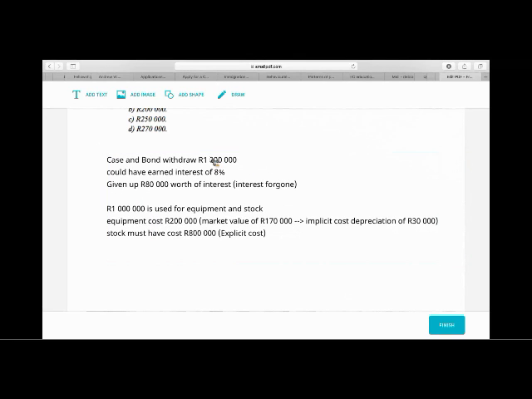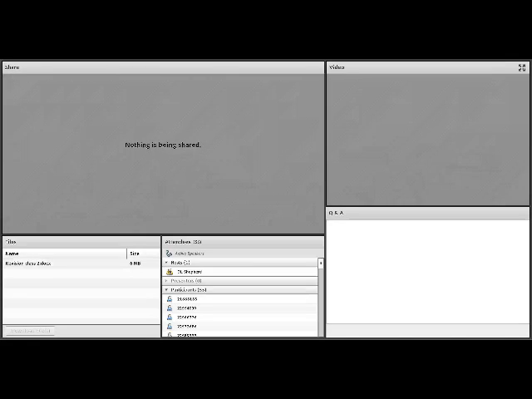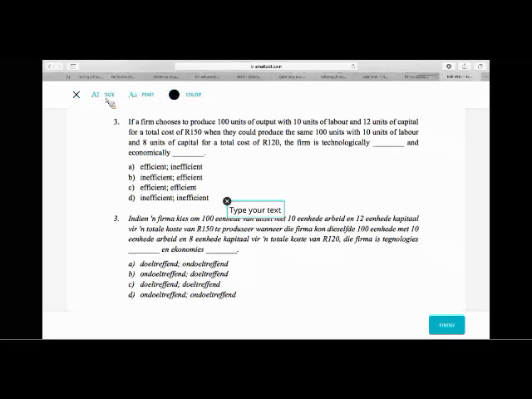So in these questions, it's very important to read carefully to know which values need to be used in answering the question. So the last concepts from chapter 10 are these two concepts of technological and economic efficiency.